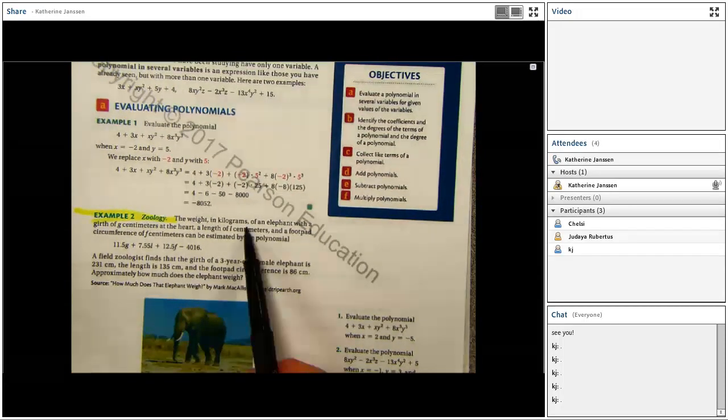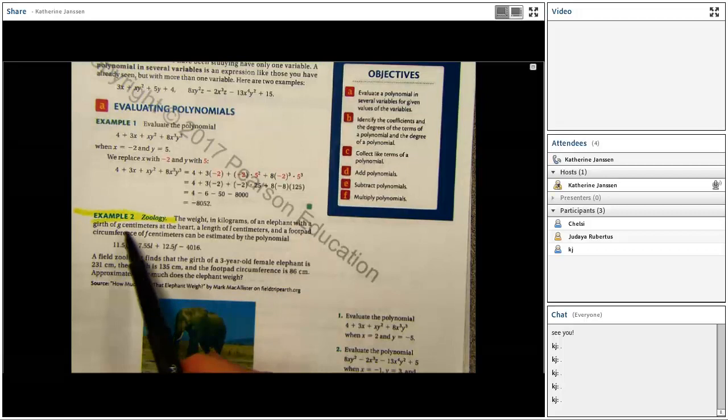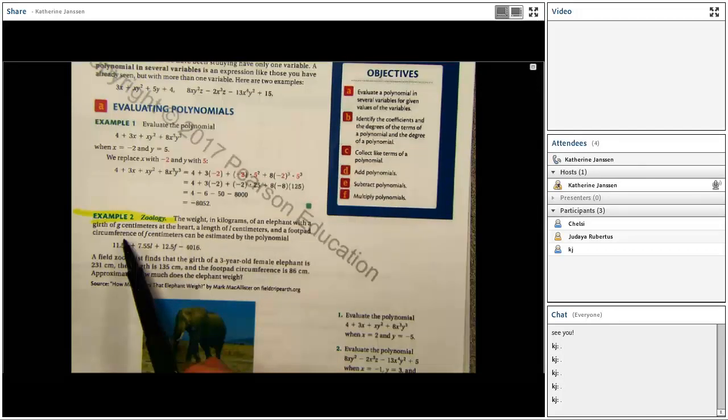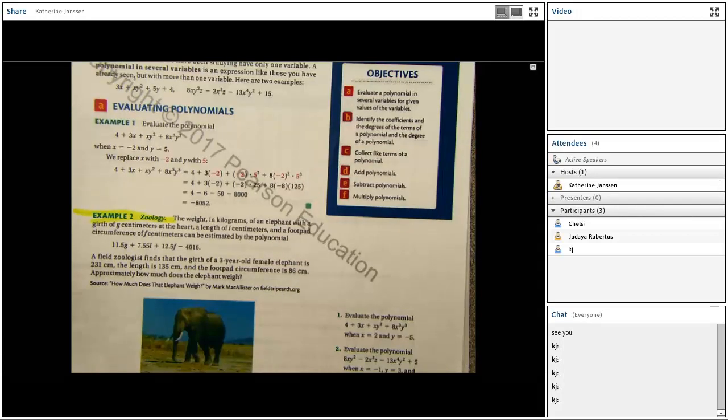So the weight in kilograms of an elephant with girth of G centimeters at the heart, a length of L centimeters, and a footpad circumference of F centimeters can be established by the polynomial. So we can establish the weight of an elephant by substituting the measurements of that particular elephant into this polynomial.